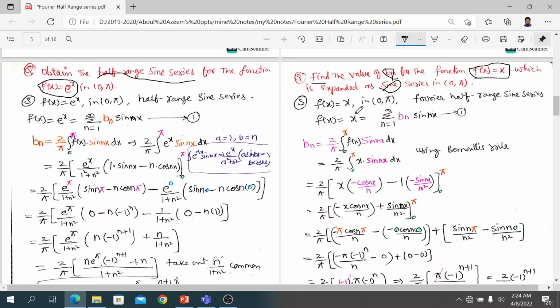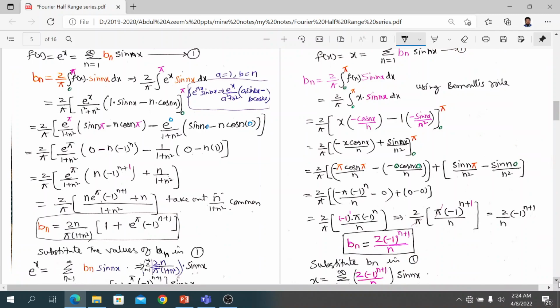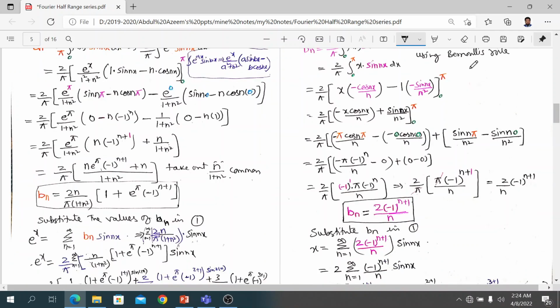What is our f of x? x sin nx. Now here we will use Bernoulli's rule. x as it is, minus derivative of x, 1, into the integration of sin nx, minus cos nx by n, minus the integration of this, minus sin nx by n squared, 0 to pi.